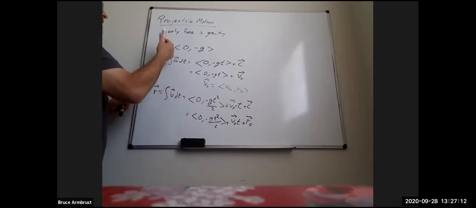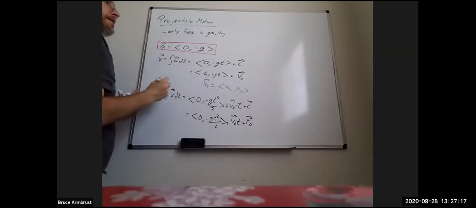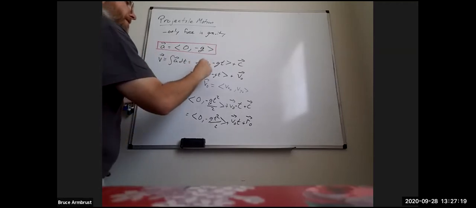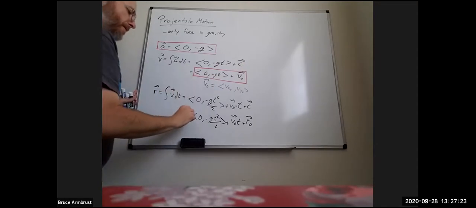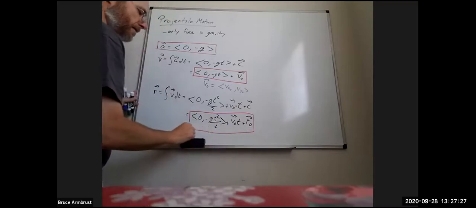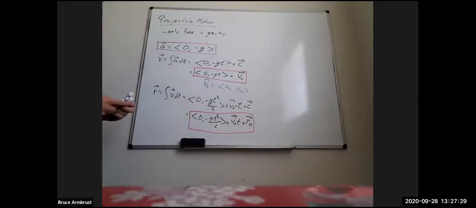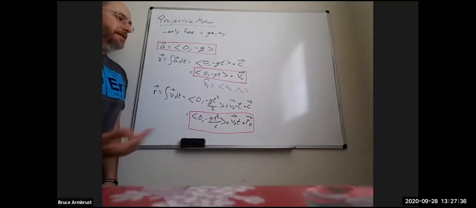So we started with an acceleration that was just 0, negative g. It gives us a velocity right here, which then gives us a position here. So every free fall problem is done.